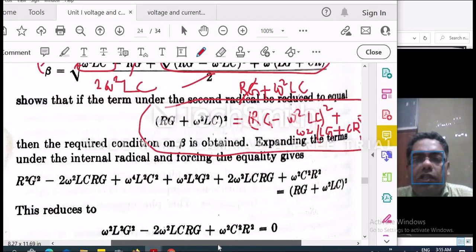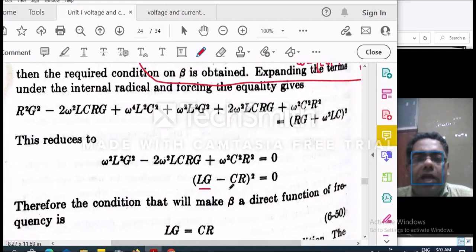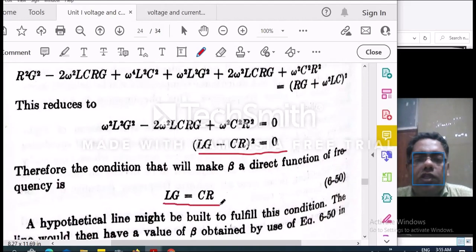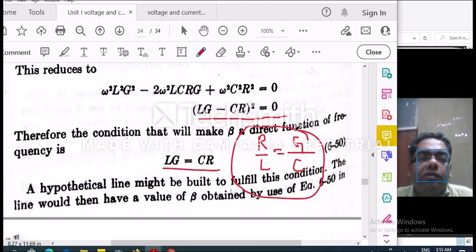If I rearrange this equation, it reduces to lg minus cr, squared, equal to 0. That means lg equals cr, which can be written in the more popular way as R by L equal to G by C. This is the condition for avoiding the delay distortion or phase distortion. In the next video we will see another distortion and how to avoid it.